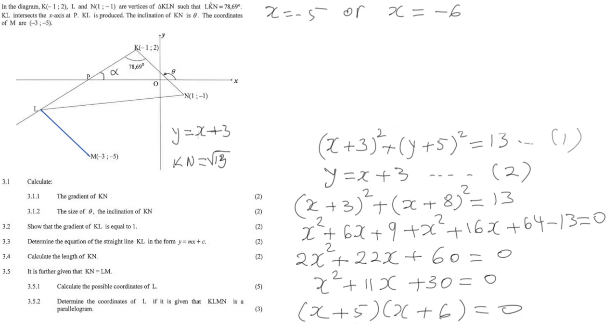If you substitute minus 5 here plus 3, y will be minus 2, and here y will be minus 3. So the coordinate of L will be minus 5, and here minus 2.